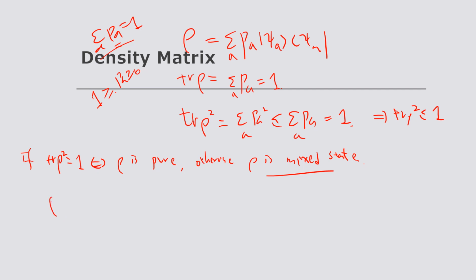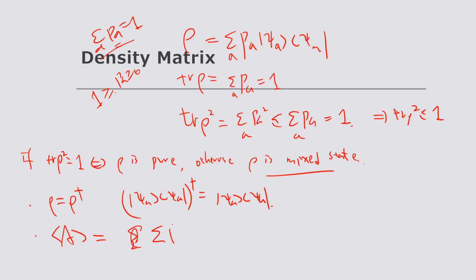Okay. And one can also check that rho is Hermitian. This is very easy, right? The reason is that you can just check it. And also, if you want to get this p_A, you just take the projection, so this is psi_A, using orthogonality.